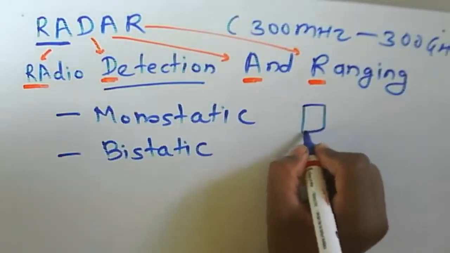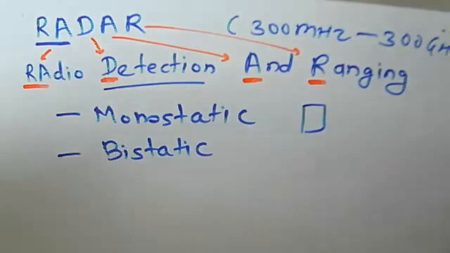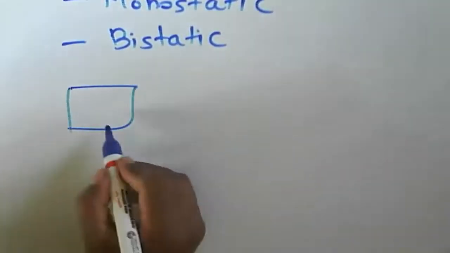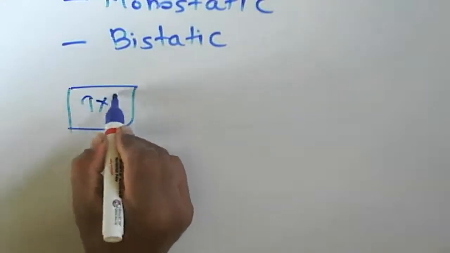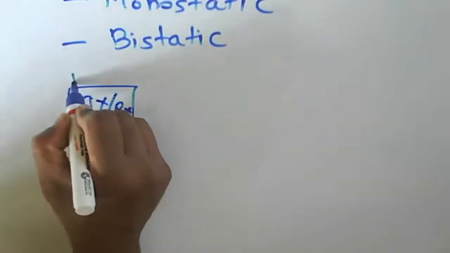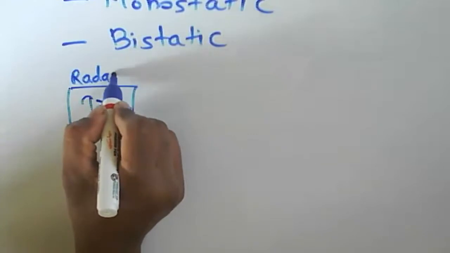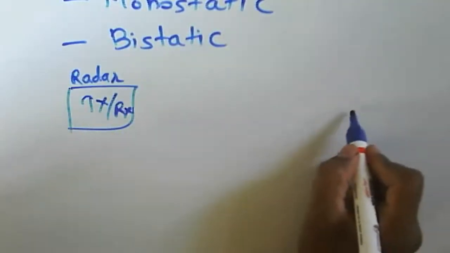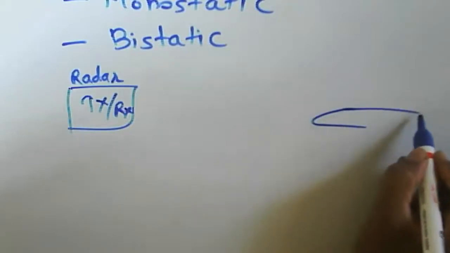We have the device, the radar. It has a transmitter and receiver. And suppose we have the object.